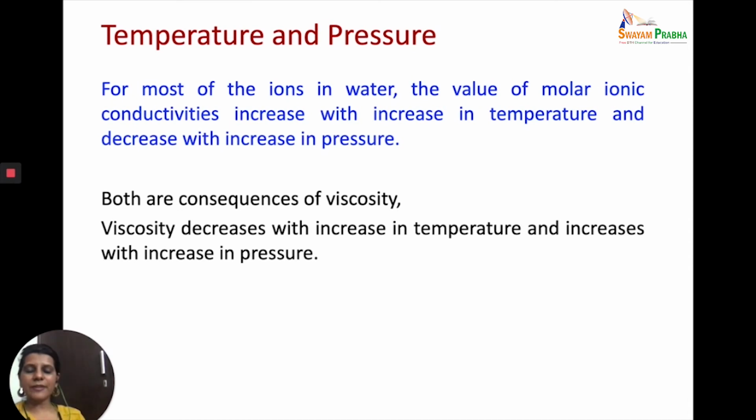Now, what is the effect of temperature and pressure on the values of limiting molar conductivities? When you increase the temperature, the values of molar conductivities are found to increase. But when you increase the pressure, the values are found to decrease. Both these effects are due to viscosity. When you increase the temperature, the viscosity decreases, leading to an increase in the molar ionic conductivity.